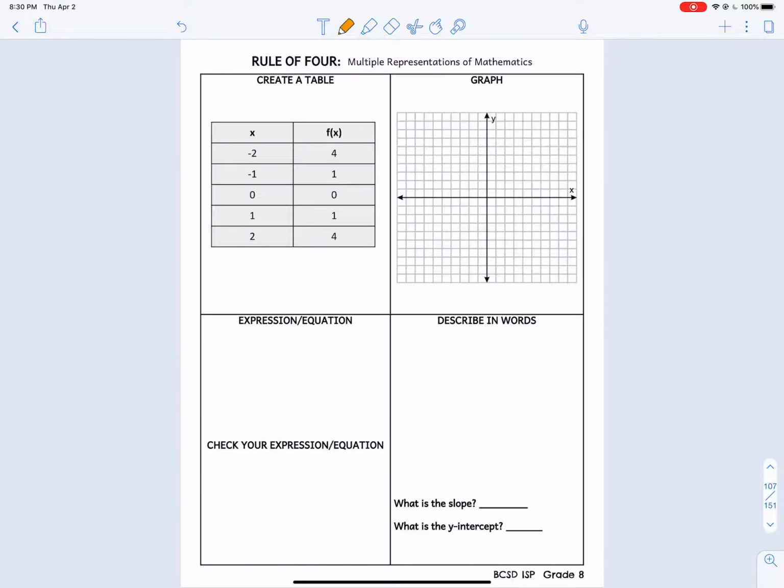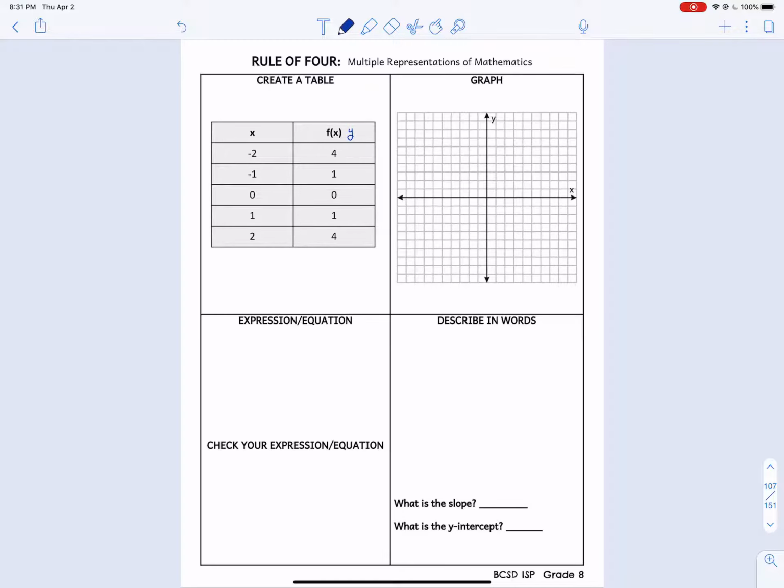All right, so next page, we have a rule 4. And this time we're given a table. And just like always, I will help you find the slope and y-intercept, and that will give us our equation. So if we have a table, we're just going to look at the rate of change. And this says f of x, but remember that is just y.